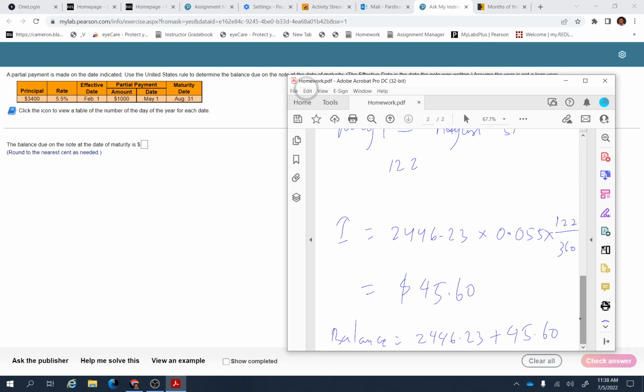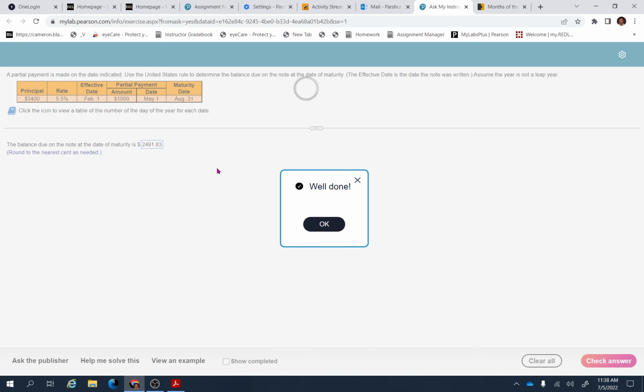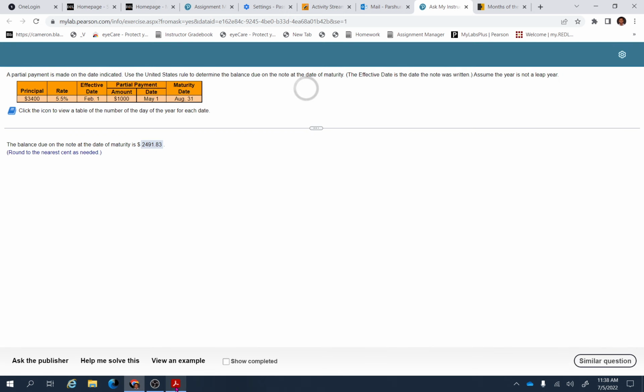If you add these two numbers, that will give us $2,491.83, because we need to round it to two decimal places. Okay, so that's the amount of the balance due on the note at the date of maturity.